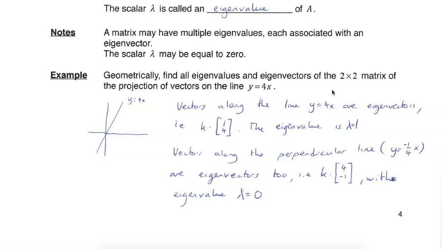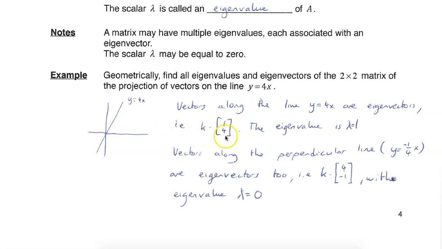So firstly, all vectors along the line, if you project them on the line, are just going to remain what they are. So these are eigenvectors, and in fact, because the vectors don't change direction but also don't change their length, the eigenvalue is 1. If you take a vector v along the line and then you project, then Av equals 1v. Av equals v.